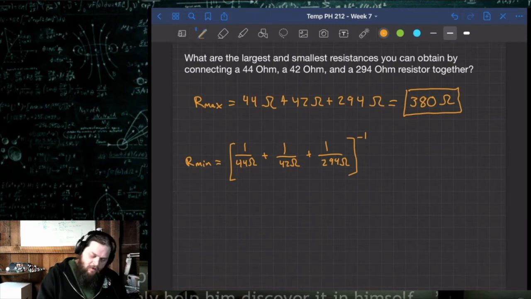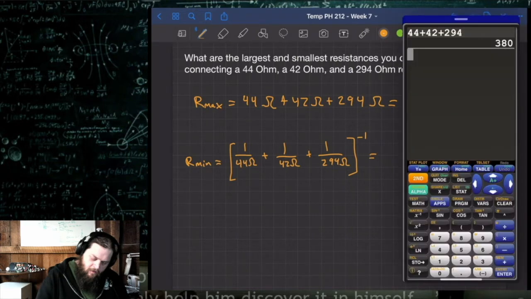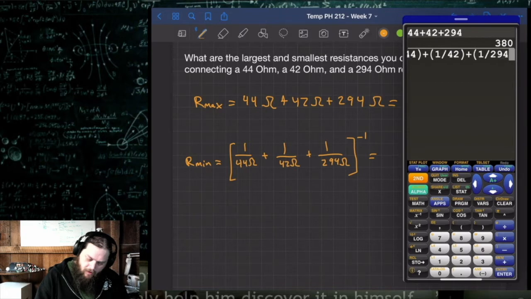Doing that, put parentheses, 1 divided by 44, plus 1 divided by 42, plus 1 divided by 294, and then take that whole thing to the -1 power.